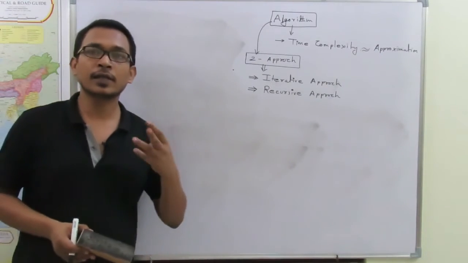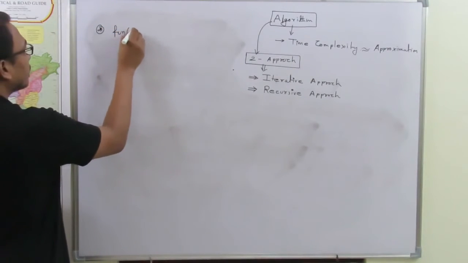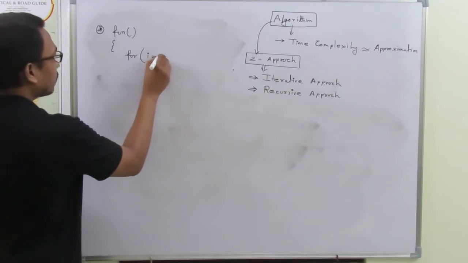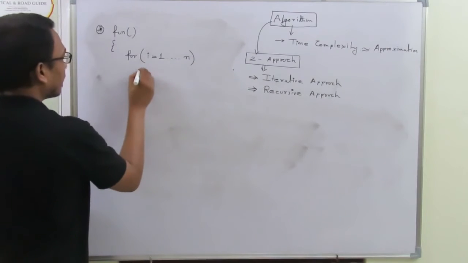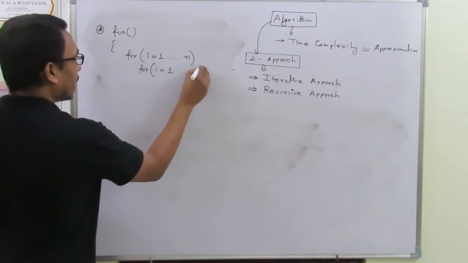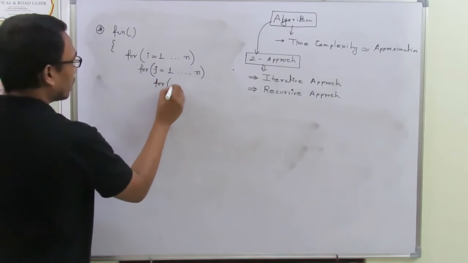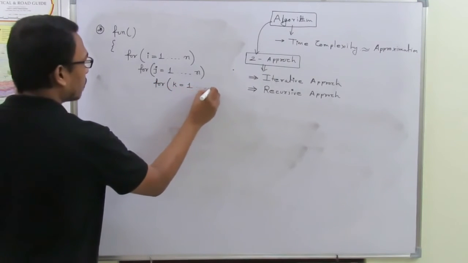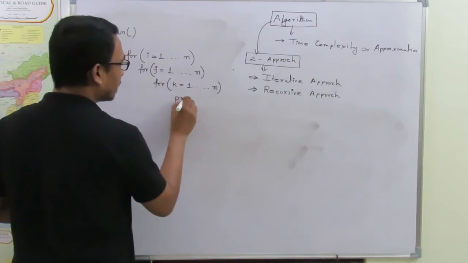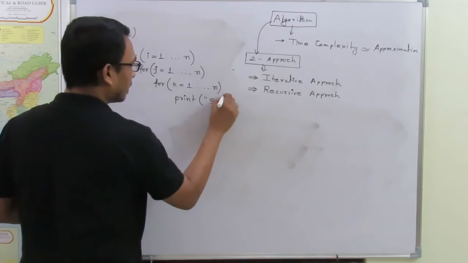Now let's say we have a function with three loops: for i equal to 1 to n, and again inside this loop, for j equal to 1 to n, and again another loop, k equal to 1 to n, and within this loop we have a print statement, let's say again SD.